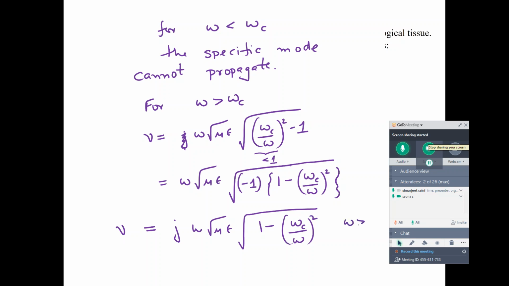And this is only true for ω greater than ωc. So this term is only a beta term now. And now the wave can propagate. So once the frequency becomes greater than the cutoff frequency, that specific mode, that specific solution can propagate.